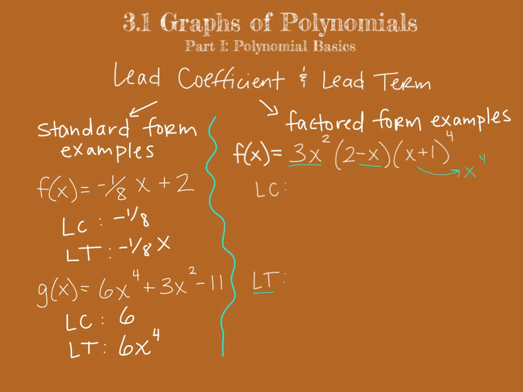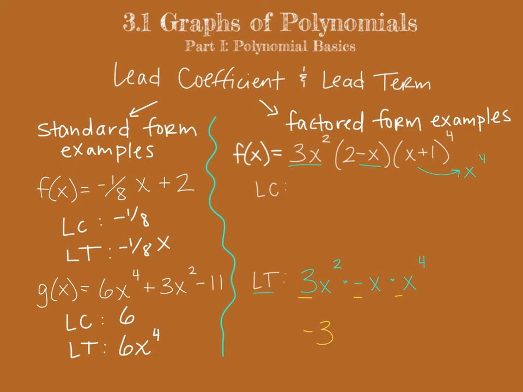All right, so for our leading term, what we need to do is multiply those leading terms. So it's 3x squared times our -1x times our 1x to the 4th. Now, how do we multiply those together? We first multiply the coefficients together, which is 3, -1, and 1, which gives us -3.